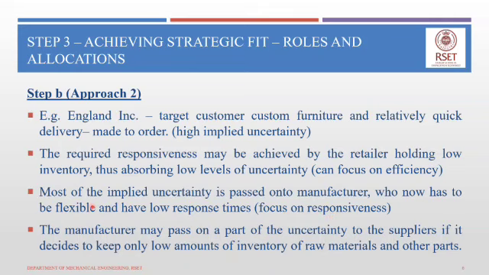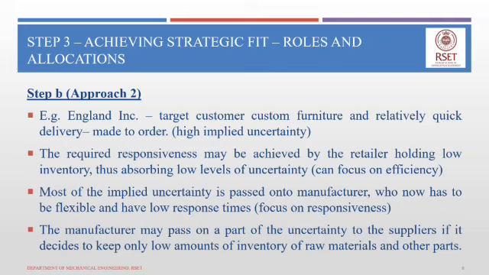The manufacturer itself may pass a part of its uncertainty to its suppliers if it decides that it only keeps a low amount of inventory of raw materials and other parts. So if the manufacturer stocks all kinds of raw materials and other parts required for the furniture in large amounts, then the supplier will have steady orders. Therefore, the uncertainty that is passed on to suppliers will also be less.